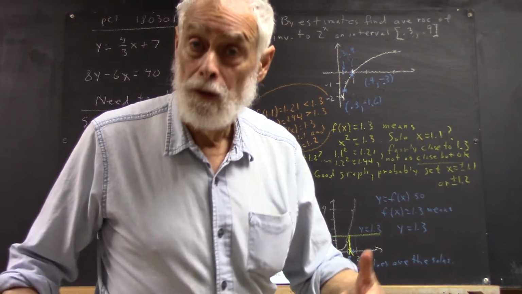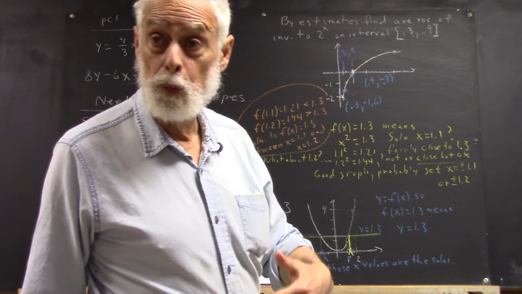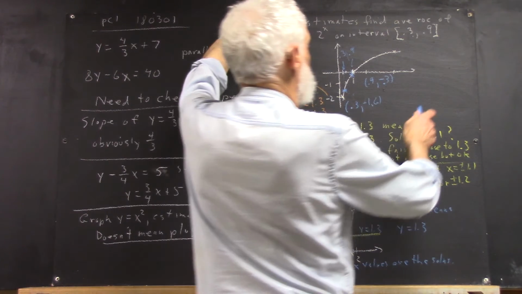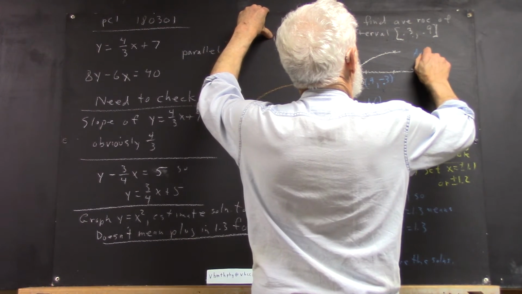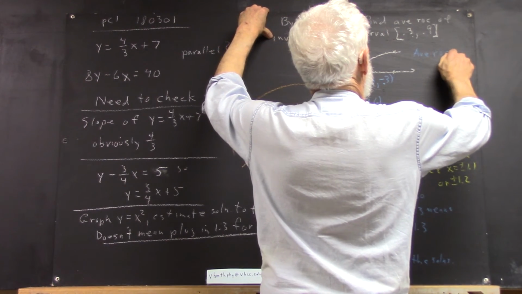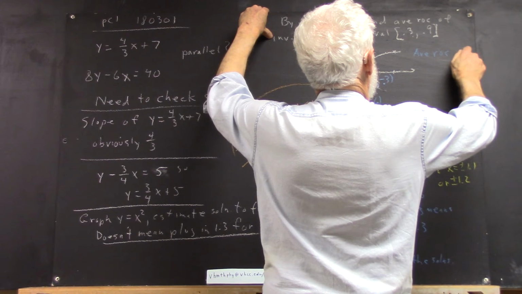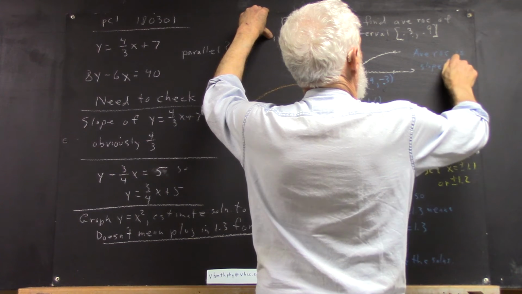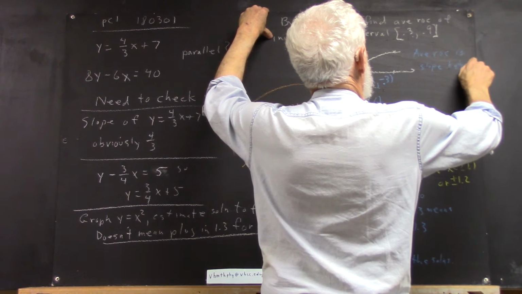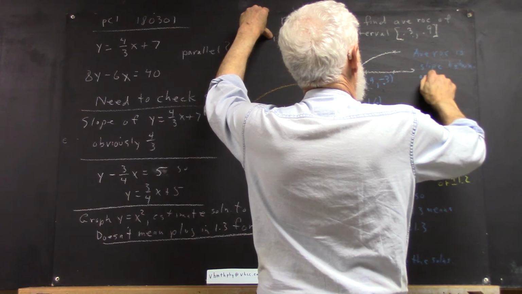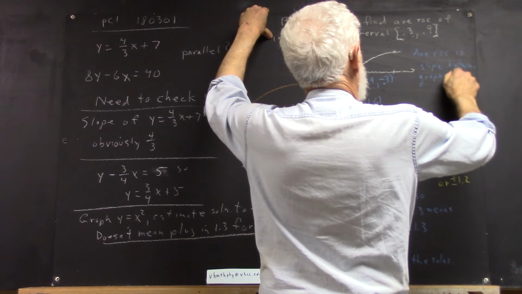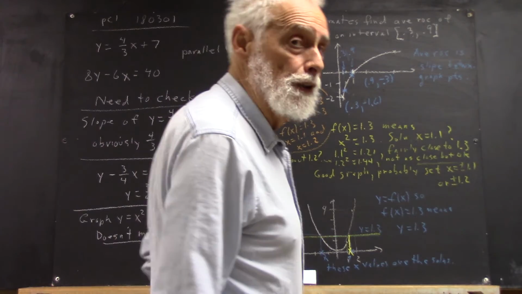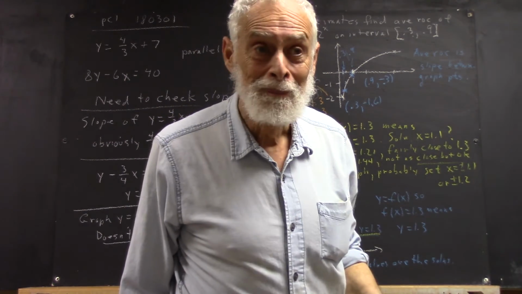Now we want to find the average rate of change between these points, right? The average rate of change on the interval is the slope between the graph points. Now I could say that with a lot more words, but the more words I use, the more confusing the statement is.